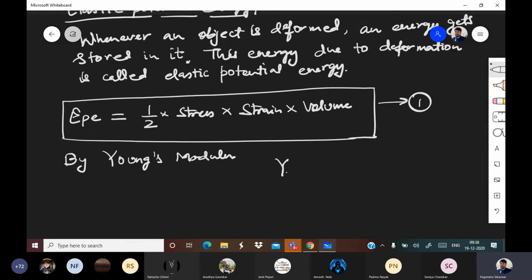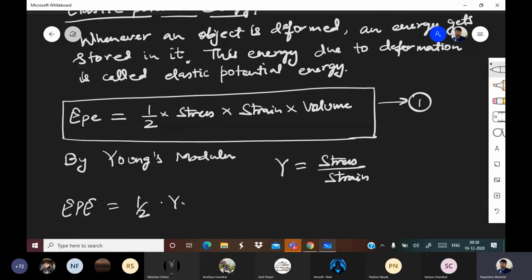So Y is equal to stress upon strain. So what you can do, you can replace stress by Y into strain. So EPE is equal to 1 by 2, and in place of stress we are writing Y into strain.